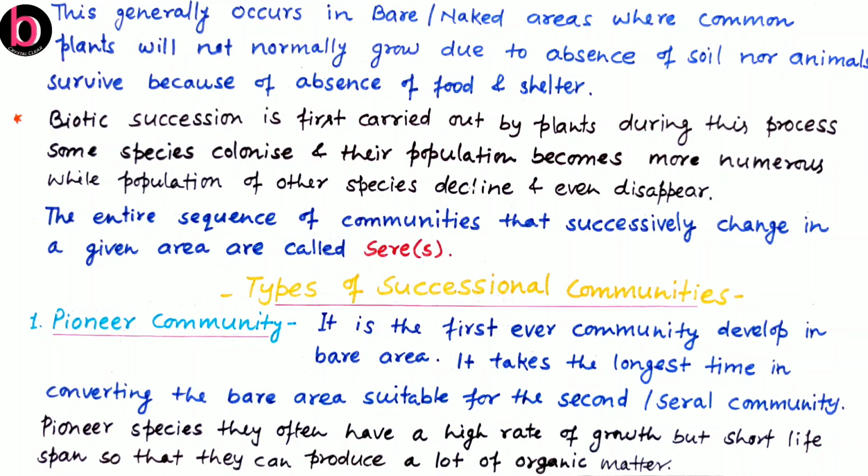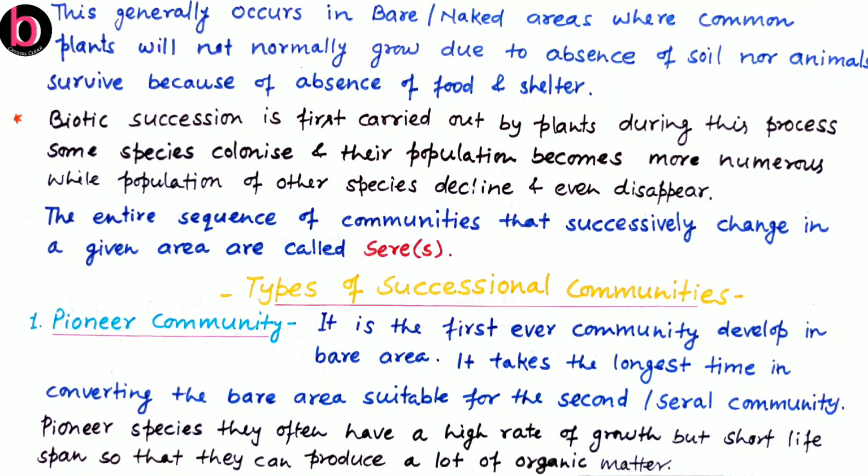First is the pioneer community. As the word says, pioneer means first. These are the first-ever community of plants that develop in any bare or naked area, and this takes the longest time in converting that bare area into a suitable area where the second or subsequent seral communities may develop. Why does this take the longest time?